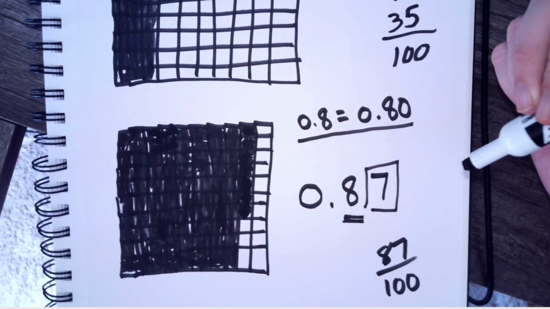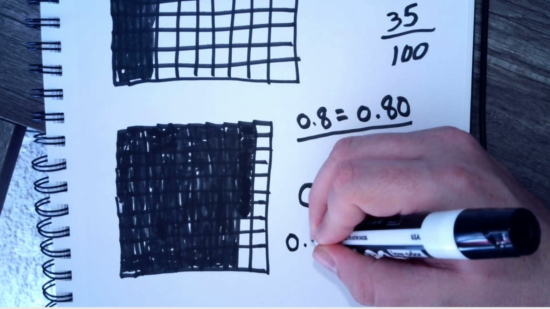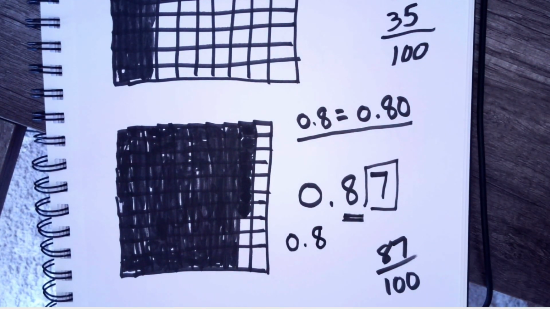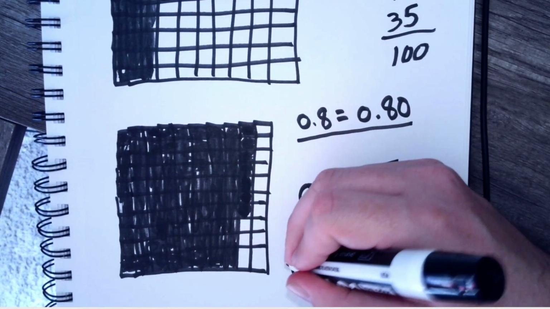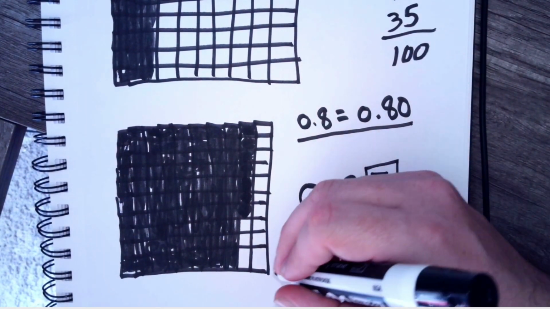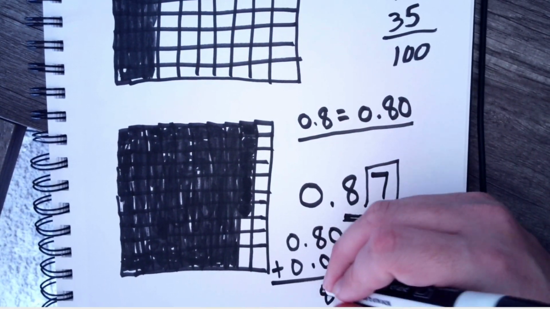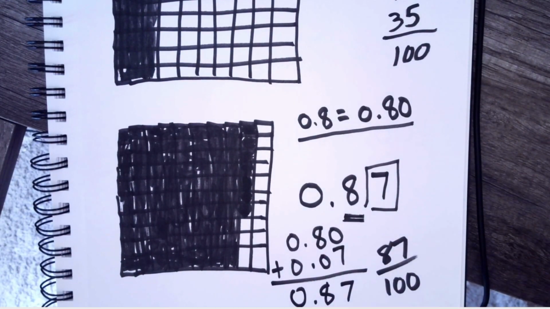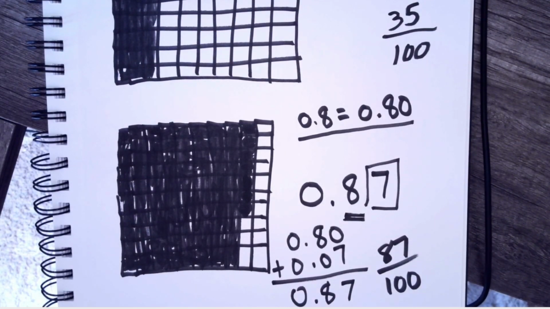So we have shown that we had our 8 tenths or 80 hundredths. It's the same thing. And then we had to add on another 7 hundredths to get our total of 87 hundredths. So again, this is just another way to show decimals, and it's another good way to practice your knowledge of decimal place value.